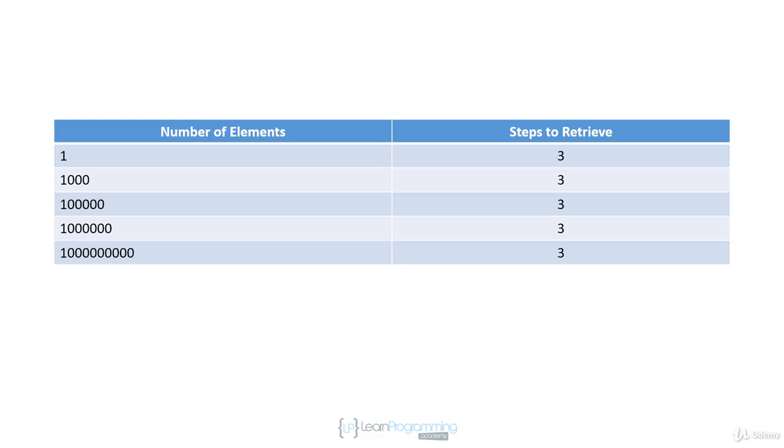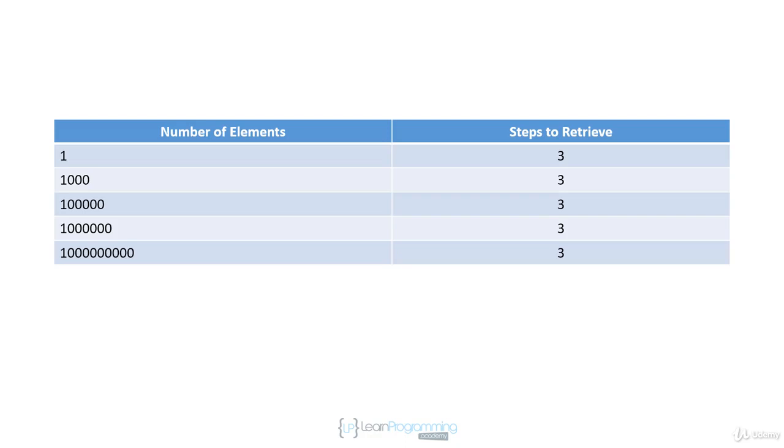So if the number of elements is equal to n, the steps to retrieve never changes. And when we have this situation, we have what's known as constant time complexity, and that's designated by O of 1. And so our adding sugar to tea algorithm had a linear time complexity, which was O of n, because n influenced how many steps were required in a linear fashion.